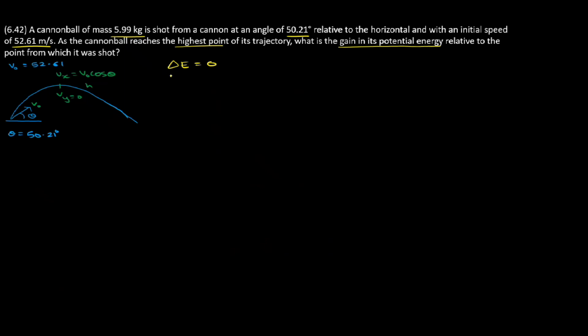So change in mechanical energy can be written as change in kinetic plus change in potential energy. And this change in energy, according to the law of conservation of energy, must be equal to 0. So using this expression, I can write my change in potential energy is equal to negative of change in kinetic energy, which you can get by just moving this kinetic energy to the other side. Since delta K is positive here, when I move it to the other side, it becomes negative.